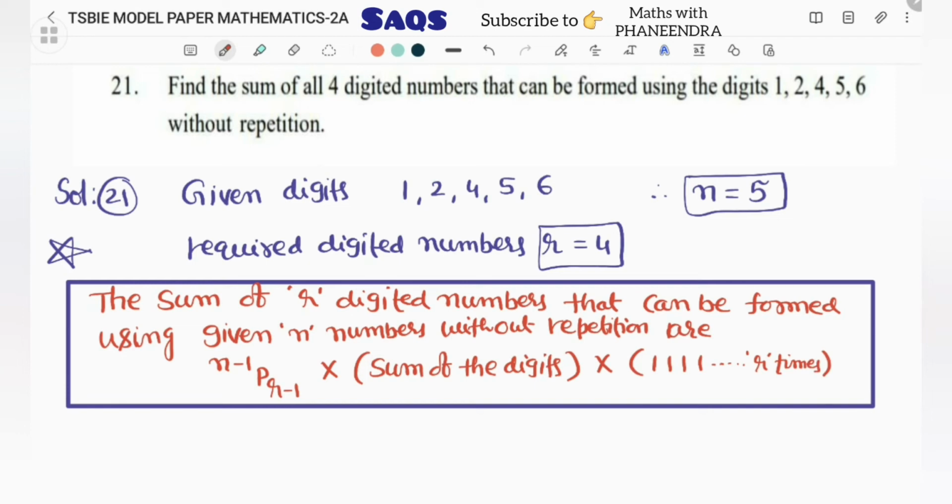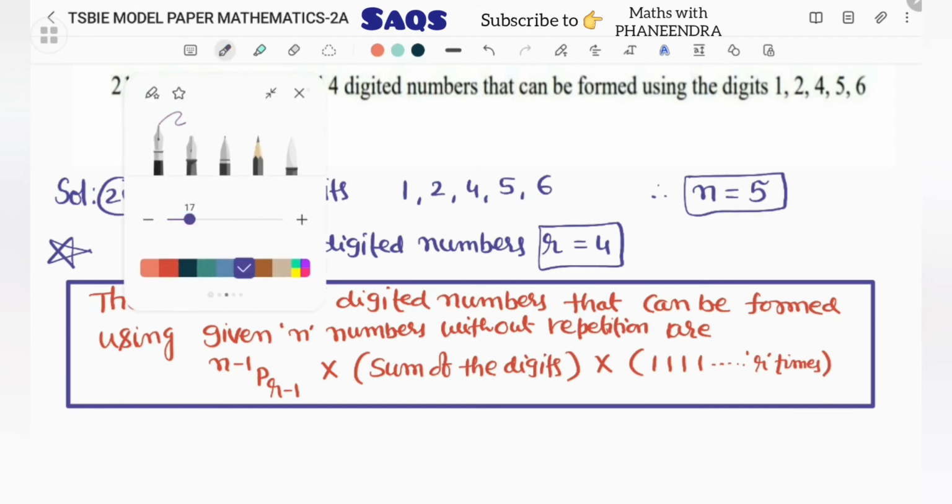So by using this formula, we will get the answer.